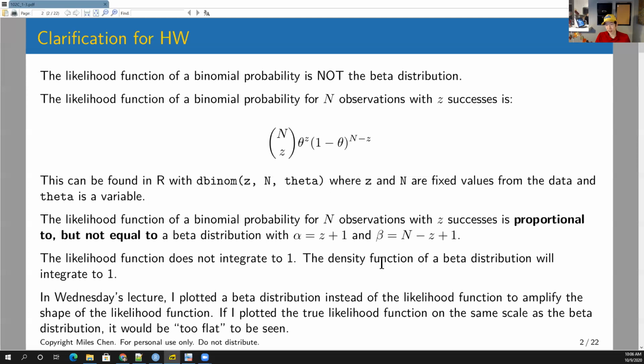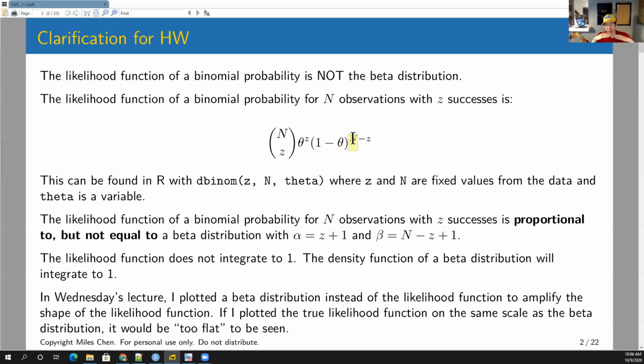One thing about likelihood functions is that the more data you have, the larger n becomes, and the likelihood function gets more and more flat. As n gets bigger, you're taking a power less than 1 raised to a bigger number, so it gets closer and closer to 0.